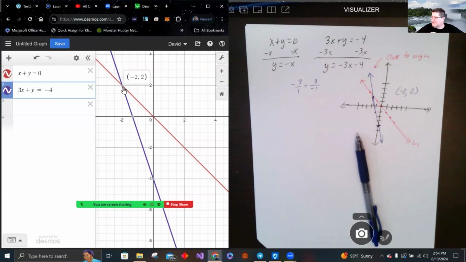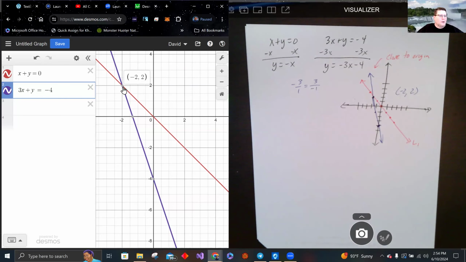It is. It's -2 too. So it meets exactly at an intersection that I hit while I was doing rise over run. So that one was easier to spot. That's the idea of doing this.